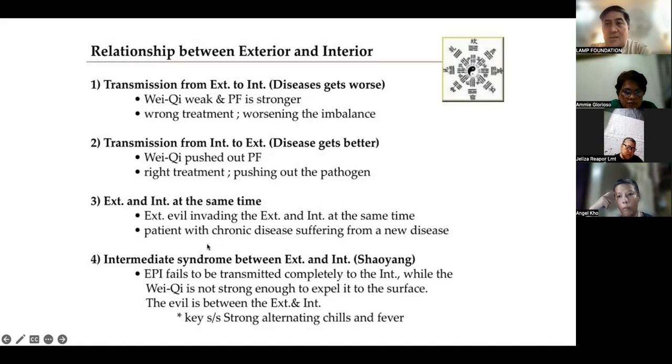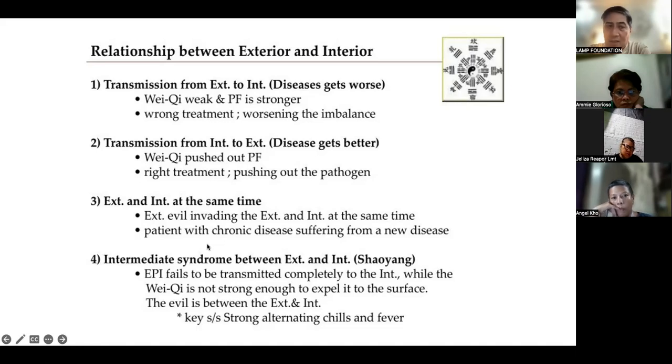Weak ang Wei Qi. So, welcome si pathogenic factor, di ba? Pumasok sa interior ang pathogenic factor. And so, lalakas si pathogenic factor. Ha? Kasi hindi ka marunong mag-treat. Hindi mo na-realize na i-prioritize mo yung lung qi.